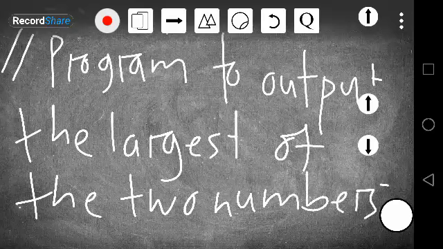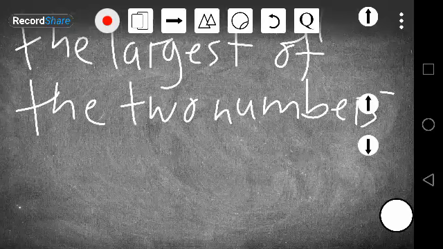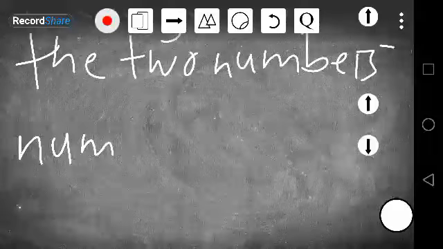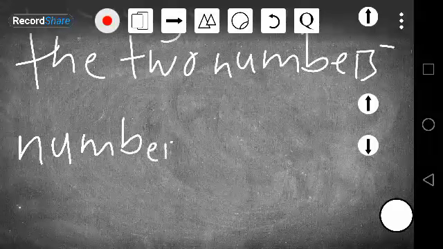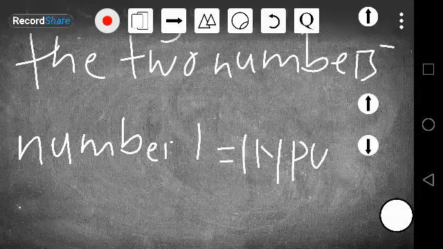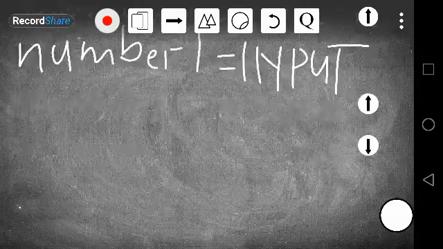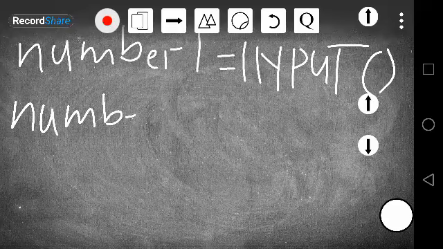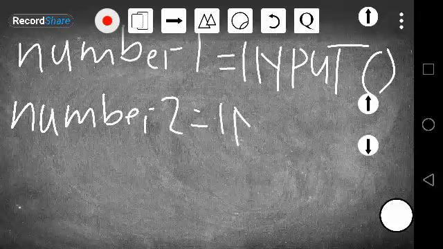So here is how we do it. Number 1 equals input, then number 2 equals input.